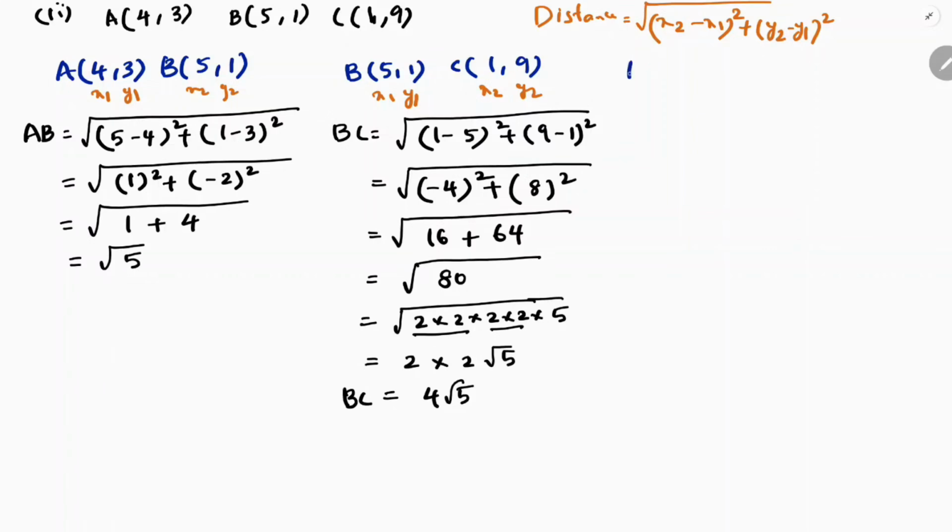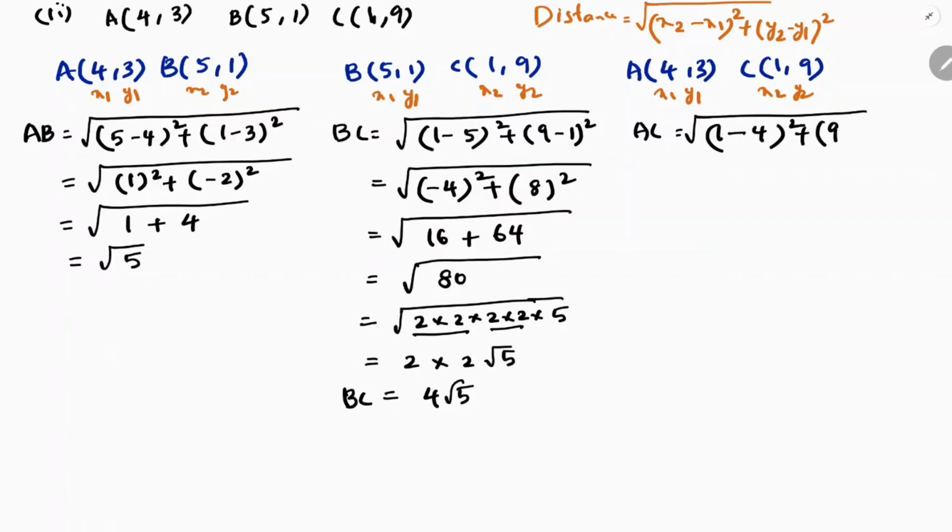Now we'll find the distance for AC. A is 4 comma 3. C is 1 comma 9. Now this is x1, y1, x2, y2. AC distance is under root 1 minus 4 whole square, 9 minus 3 whole square. 1 minus 4 whole square is minus 3 square, 9 minus 3 is 6 square.